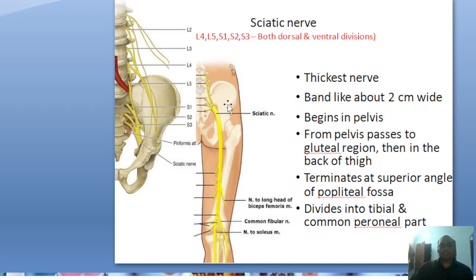From the pelvis it passes to the gluteal region through the greater sciatic foramen, then into the back of the thigh. In the thigh, it terminates at the superior angle of the popliteal fossa into the common peroneal and tibial parts.